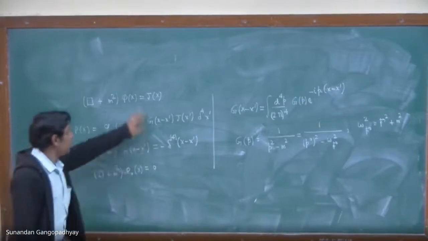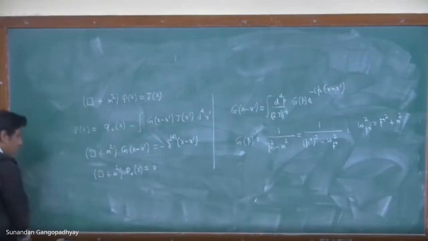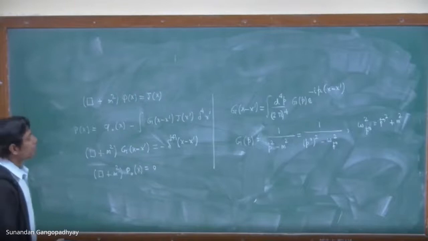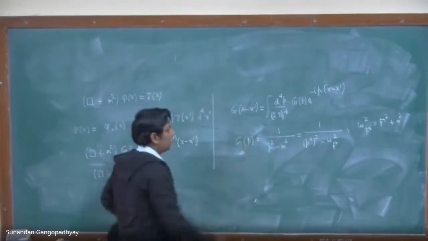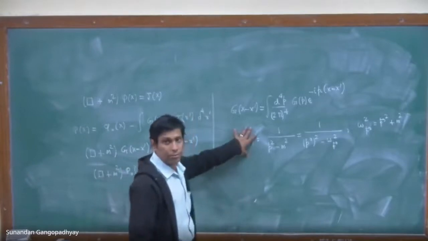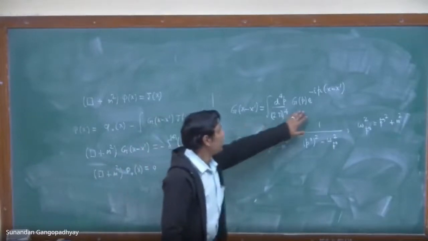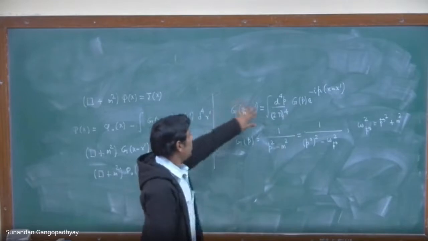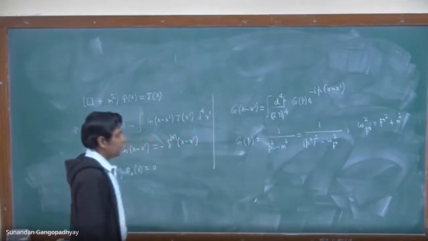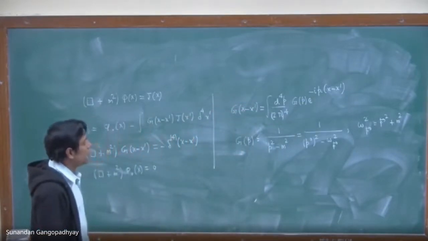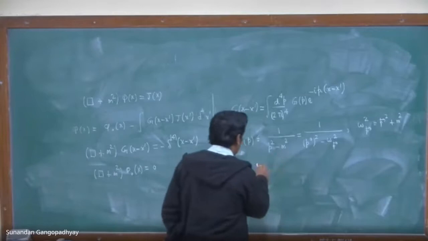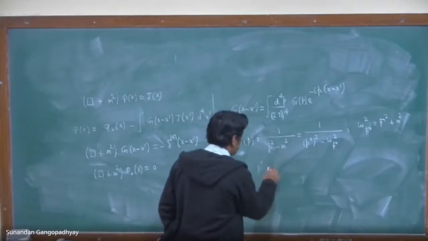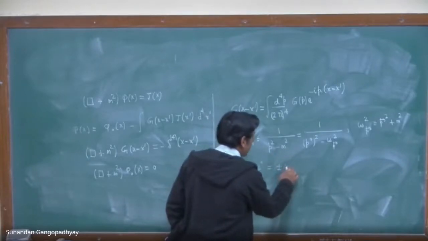So this is the thing that we derived in the last class. Remember that the limits of this integration are from minus infinity to plus infinity, and this is the form of the Green's function. In this G(p), the Green's function in the momentum space, put it over here to get the Green's function in position space, in terms of the space-time coordinates. From this expression, we can see that the Green's function has poles at plus minus omega p.